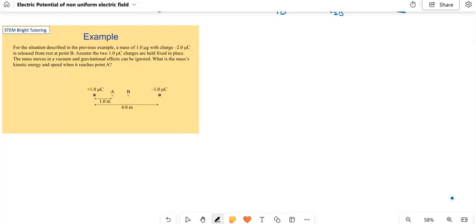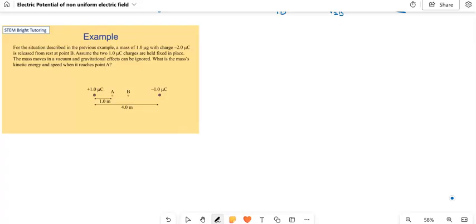Then the question asks us what is the kinetic energy of this mass and its speed when the object reaches point A. Because we have a voltage difference between these two points, and we calculated the voltage difference between point A and point B in the previous example, this charged particle, when released from rest, because it is negative, has a tendency to move toward the positive charged particles and transfers all its potential energy to kinetic energy.